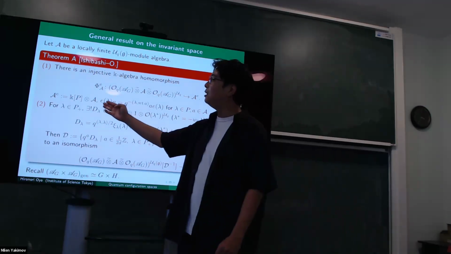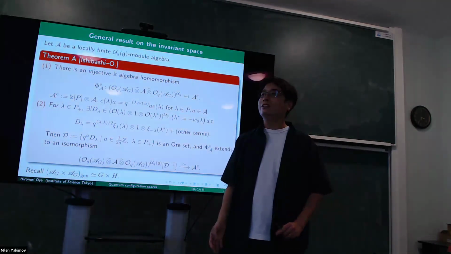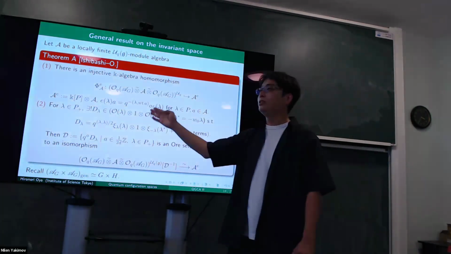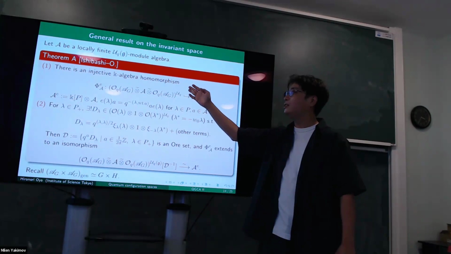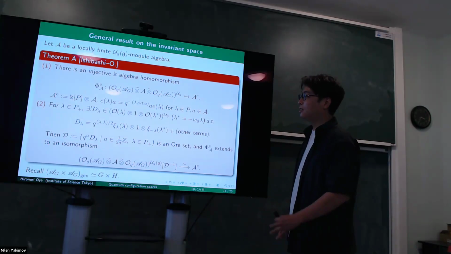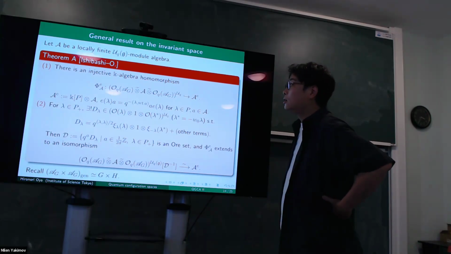But this is almost the original algebra. So our theorem states that if we consider this kind of object, then it is embedded in the extension. What is the weight?